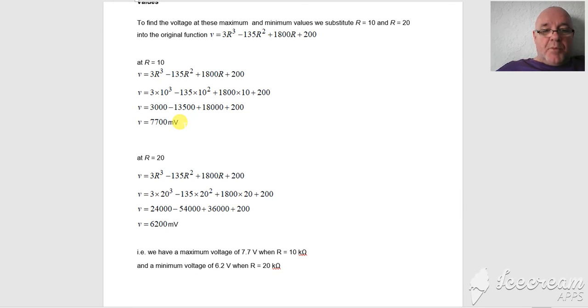Yes, that's true, but we'll just have it as 7,700 millivolts. If R is 20, again, we plug it in to find V. Once you work through it, it becomes 6.2 volts, 6,200 millivolts. So you've got a maximum voltage of 7.7 volts, 7,700 millivolts, when R is 10 kiloohms, and a minimum voltage of 6,200 millivolts, 6.2 volts, when R is 20 kiloohms.